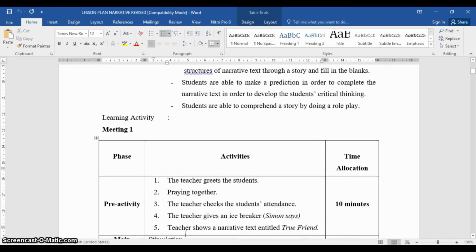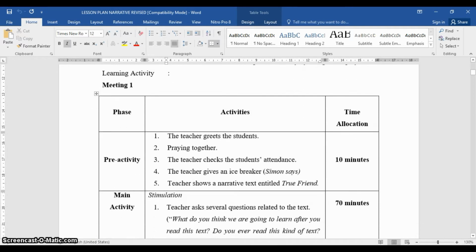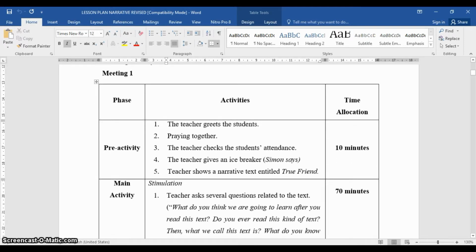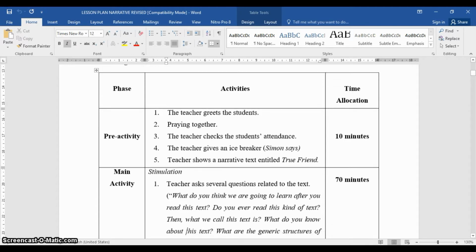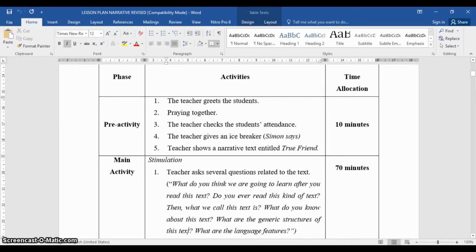Let's move to the learning activity. In this lesson plan, I use two meetings. For the pre-activity in the first meeting, as usual, the teacher greets the students, such as saying, "Good morning, how are you?" and so on.